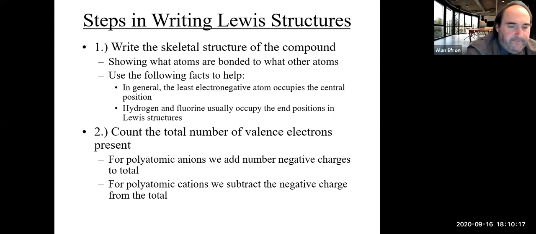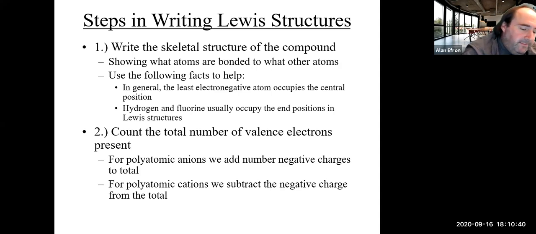Hydrogen is never found in the center because hydrogen can only have 2 electrons. If it's in the center, it's going to have more than 2 electrons. And fluorine, which is the most electronegative atom, will never be in the center because it's not the least, obviously. So fluorine and hydrogen are never in the center, and the least electronegative atom usually is in the middle.